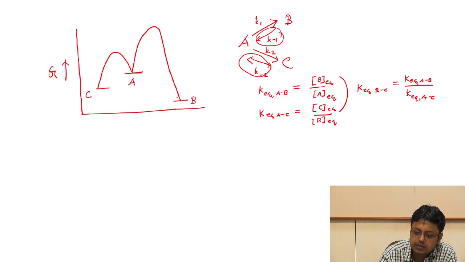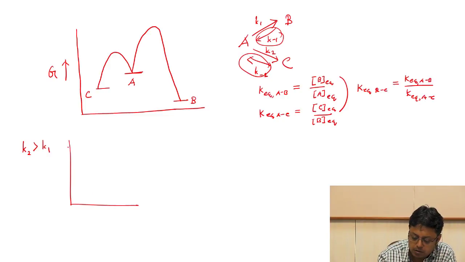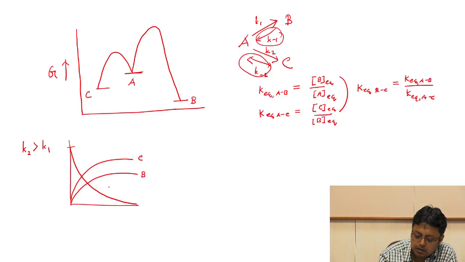Now think about it. We said that if K2 is greater than K1 for that irreversible path, then the time traces show that A will fall, and then B and C will rise, but C will be higher than B. The reason being K2 is much larger than K1.